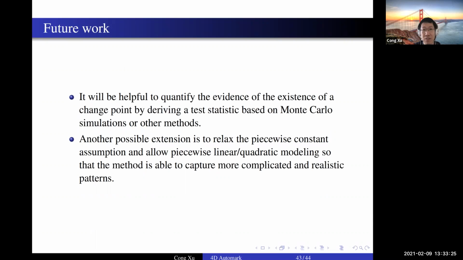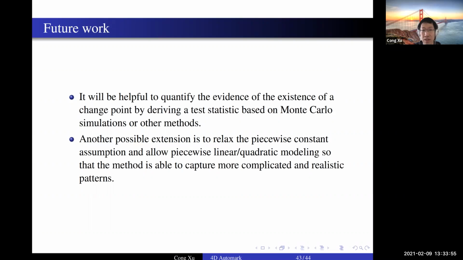So we want to quantify the evidence of the existence of the change points. This algorithm cannot tell us this kind of information. So it might be helpful to derive a test statistic based on maybe Monte Carlo simulations or other methods to quantify the evidence of the existence of a change point. So that's one possible extension.